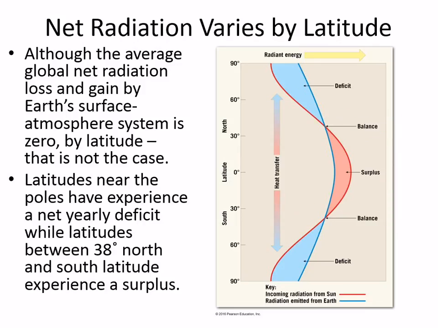So if you are north of that, which we are, we're in what we call an energy deficit. Okay, so we are up here. That means that actually we lose more energy than we receive, throughout the year. This is an annual budget. And if you're closer to the equator than 38 degrees latitude north and south, then actually you're in a surplus.